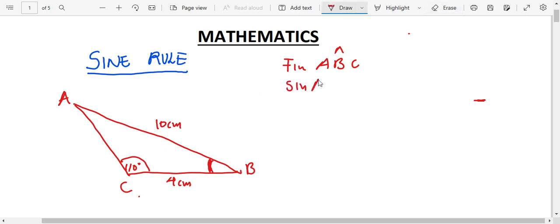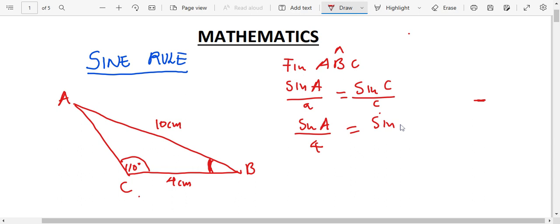So we're going to say sine of the angle A divided by the side A is equal to sine of the angle C divided by the side C. So this is sine A over 4, the side A, equal to sine 110 degrees, divided by the side C, which is 10 centimeters.